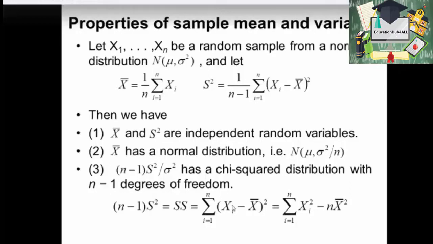Yeah, exactly. If this variance is small, the sample mean has less variation. It's closer to the population mean.